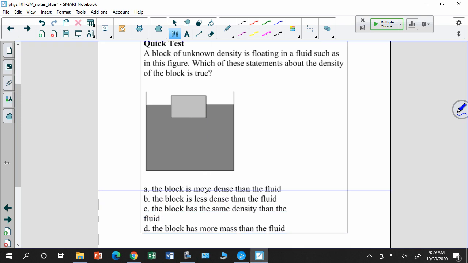All right, let's try this. What can you say about the density of this block? This block of unknown density is floating in a fluid, such as in this figure. Which of these statements is true?